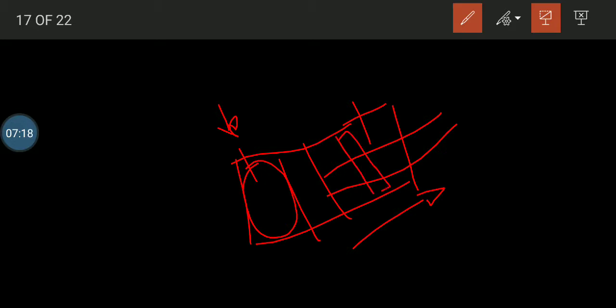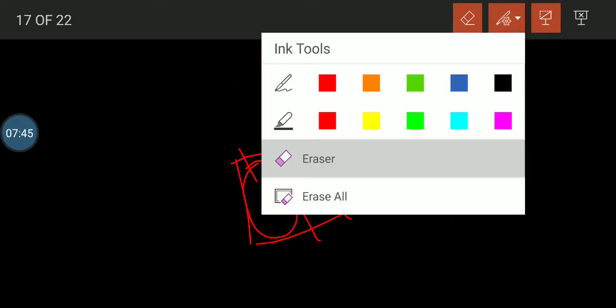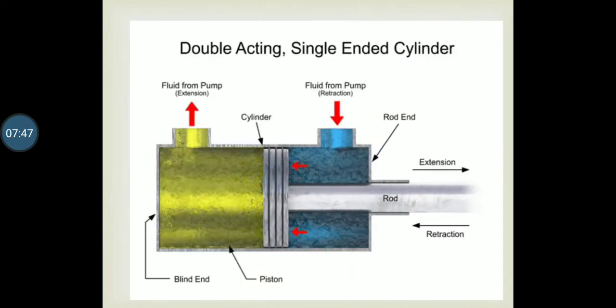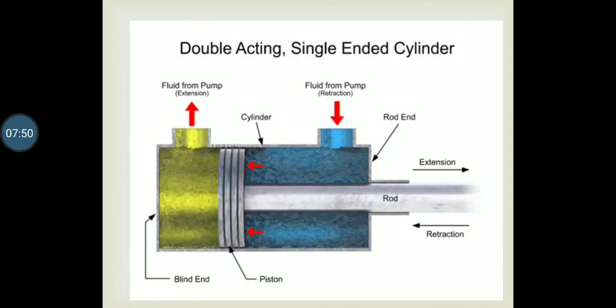Once the fluid gets discharged or disconnected from here, in the next section we admit the fluid through the next port, because of which the fluid gets inserted inside the second area, which creates a new pressure on the piston and forces the piston to move in the forward direction.